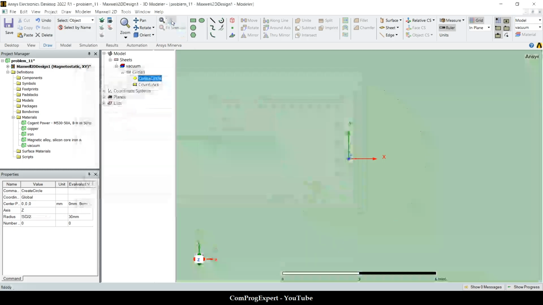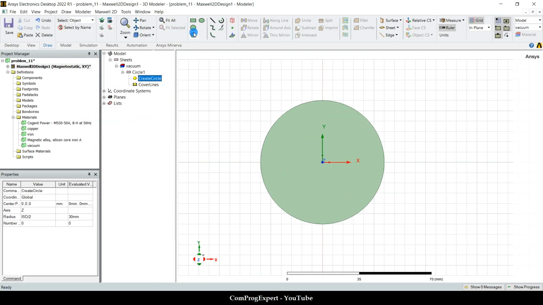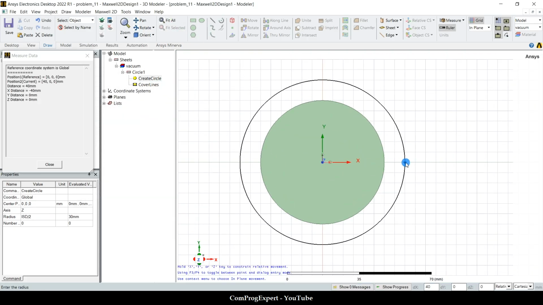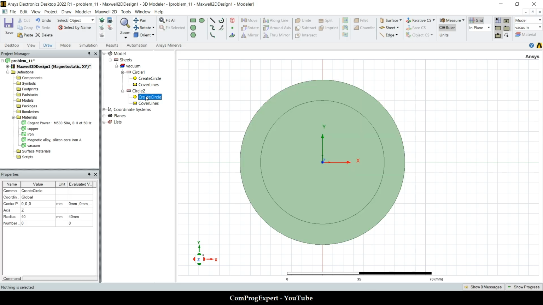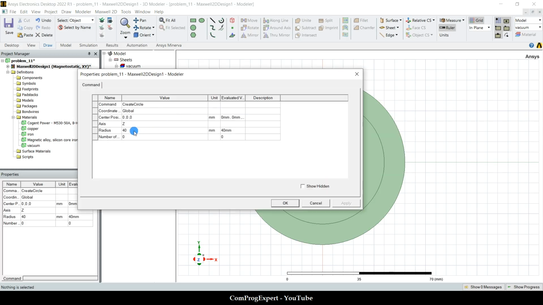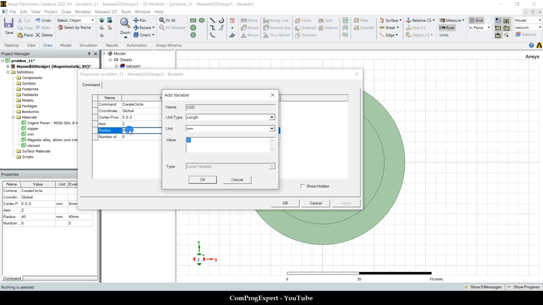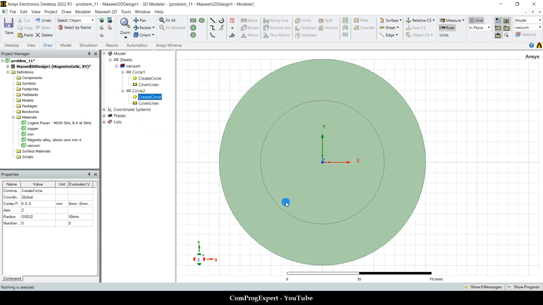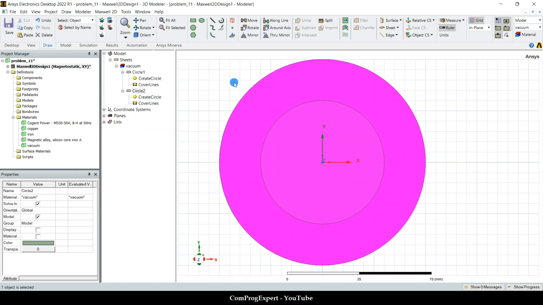And generate another circle. This is actually OSD divided by 2. We should here consider the radius, that is outer stator diameter divided by 2. OSD equal to 100 millimeters. So we can subtract these two objects.